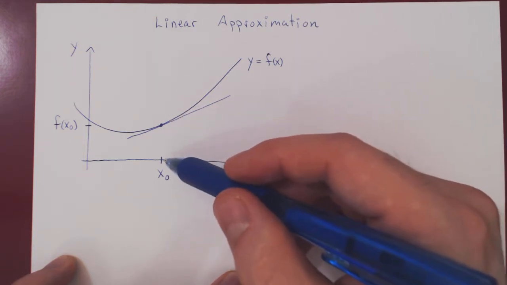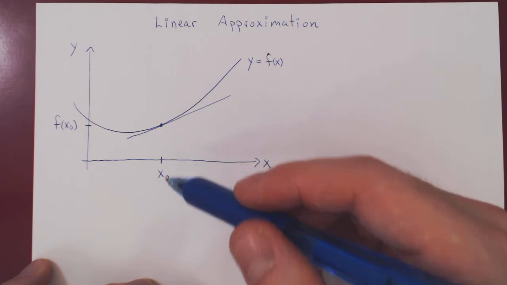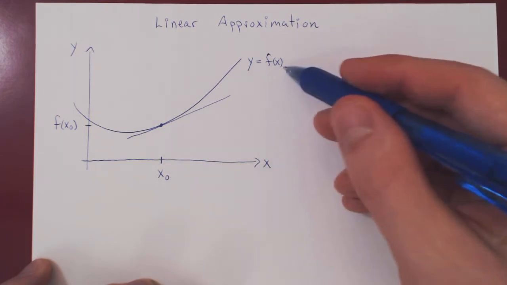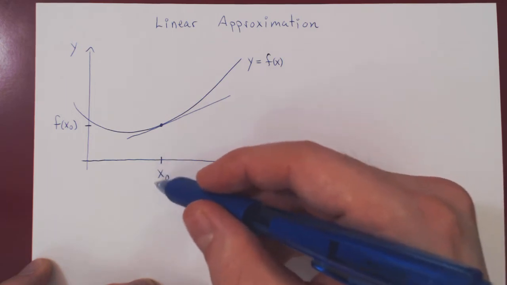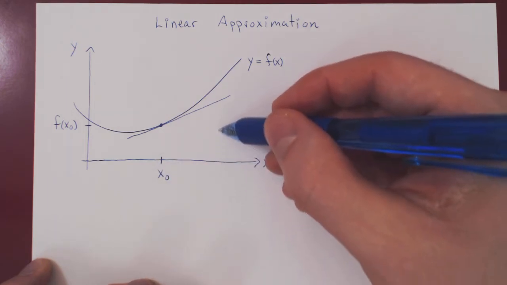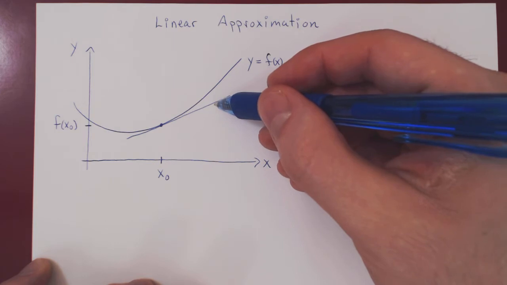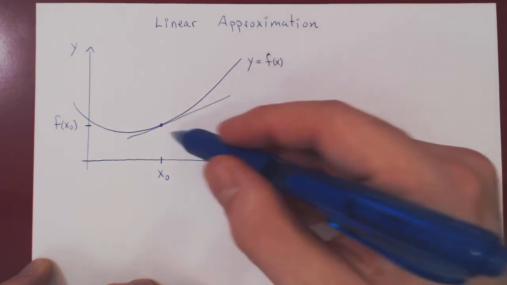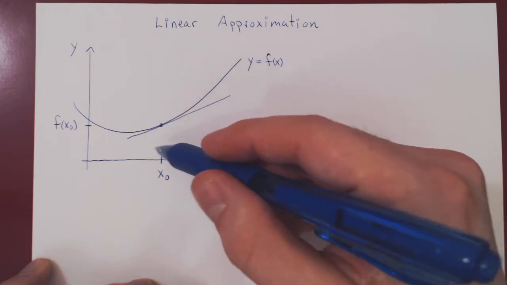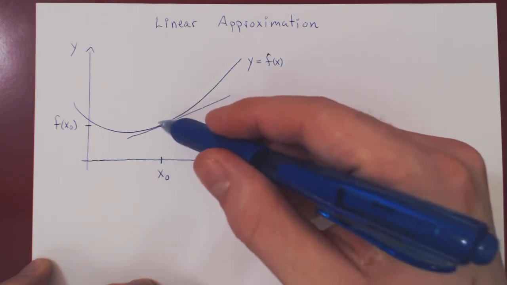Now it's pretty clear from the picture, and this is the case in most examples, as x moves further away from the point of tangency, the y values on the tangent line are moving further away from the y values on the original function. So you can only use this approximation for values close to the point of tangency.